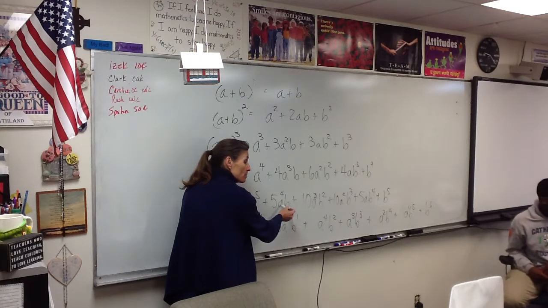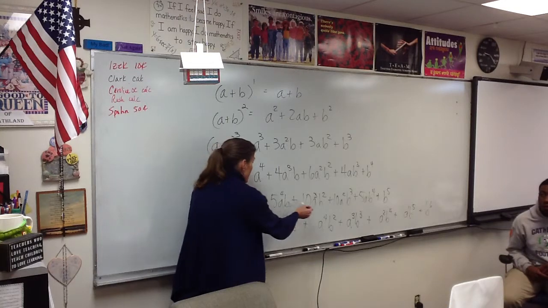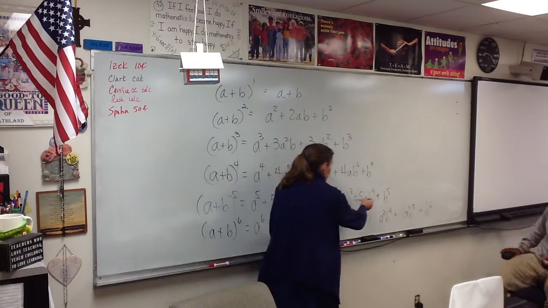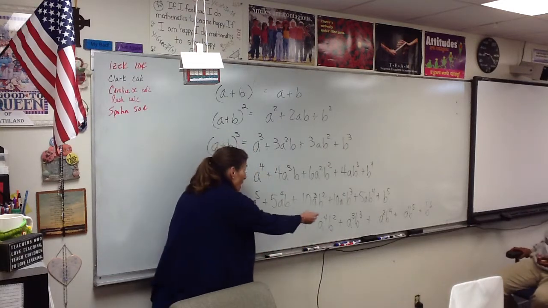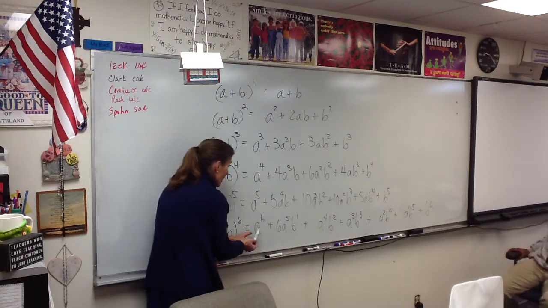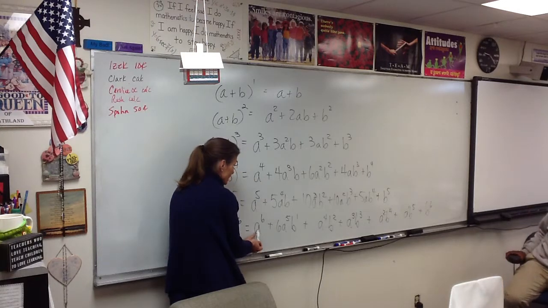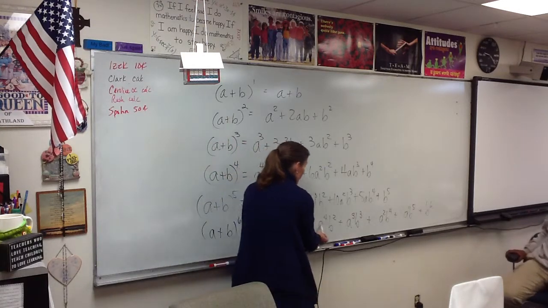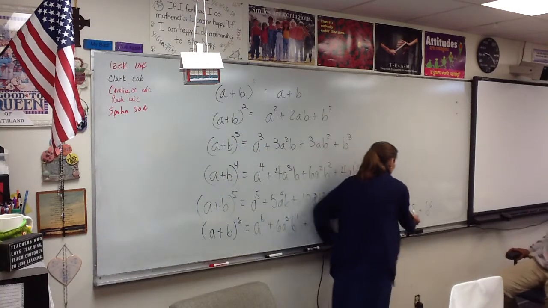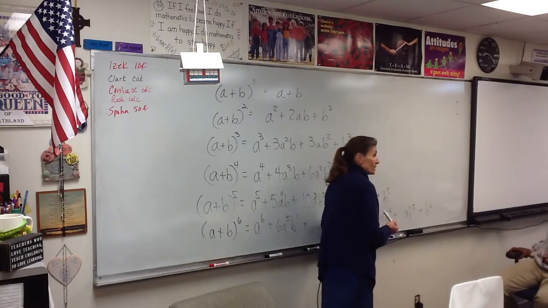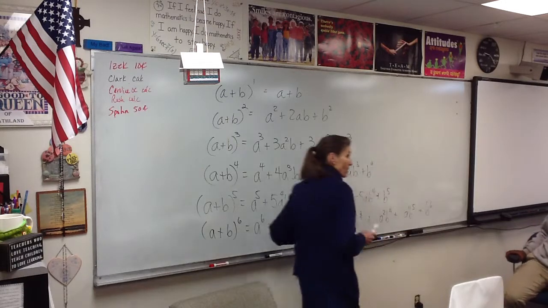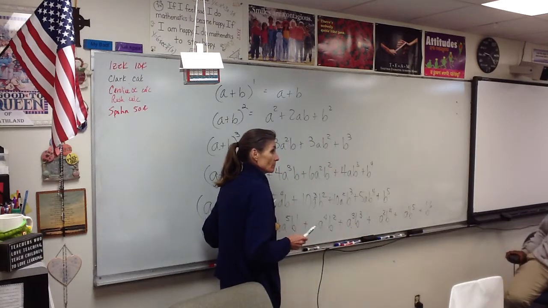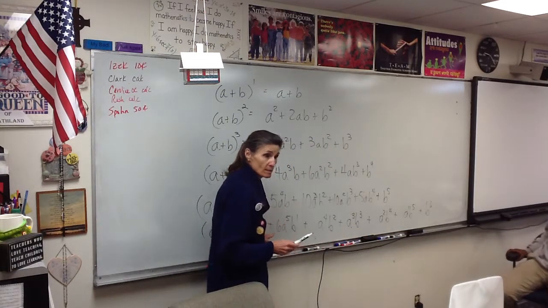Then we go down to a cubed, a squared, a, and finally no a's at all. So we start with a to the sixth, and then go down to a to the fifth, fourth, third, squared, a to the first, and no a. What happens with the b terms? It goes up. Same thing, but this way. Those are the exponents.